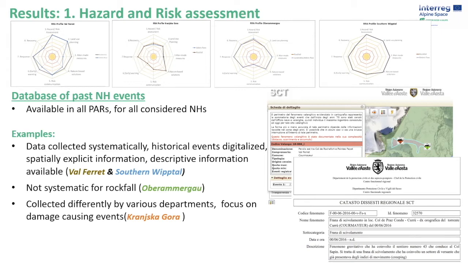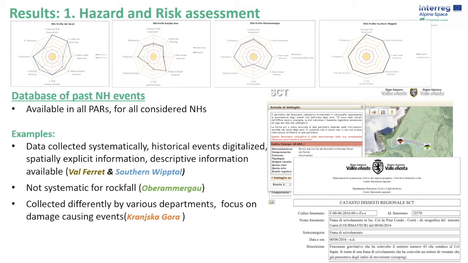For example, in Val Ferret and in Southern Wipptal, the data on past natural hazard events was collected systematically, and the historical events are digitalized, and there is spatially explicit information as well as descriptive information for each event, and all of this is available and accessible online. Therefore, the experts were really satisfied with the quality of such data, identifying it as a best practice with limited points for improvement.